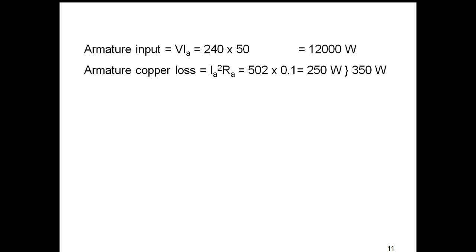And to find the armature copper loss, we know the formula, that is IA square RA, where IA is the armature current and RA is the armature resistance.